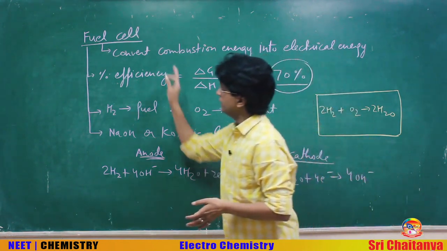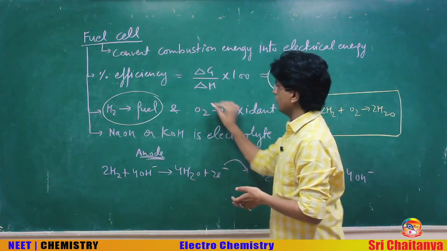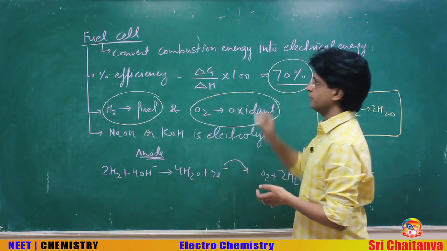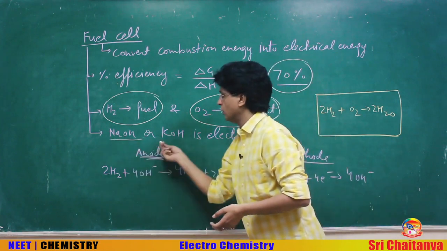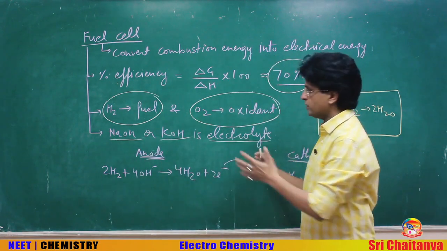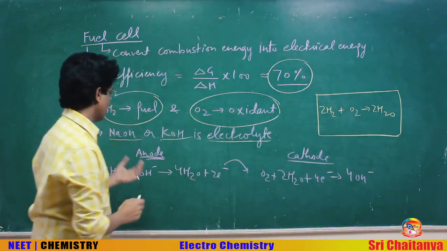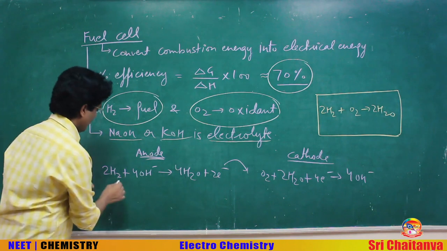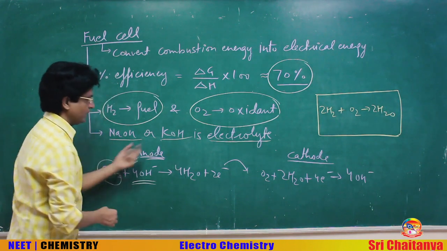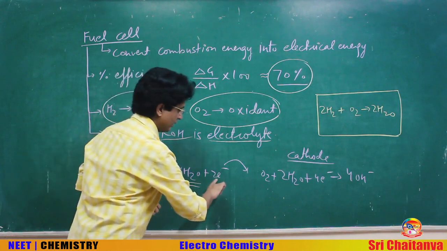Okay. Now in the fuel cell we use hydrogen as the fuel and oxygen as the oxidant. NaOH or KOH is used as electrolyte. So this reaction takes place basically in basic medium. So this is the reaction at anode. Hydrogen in presence of electrolyte KOH or NaOH will give you water and electrons.